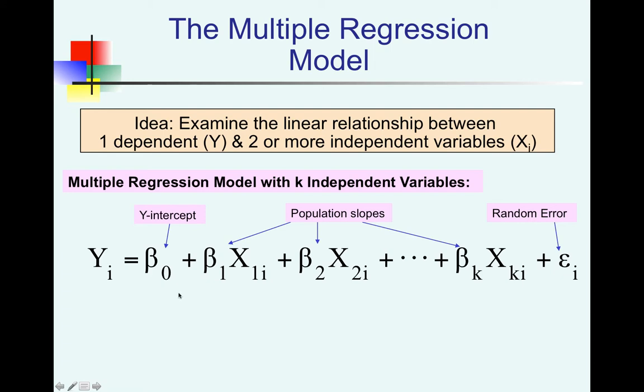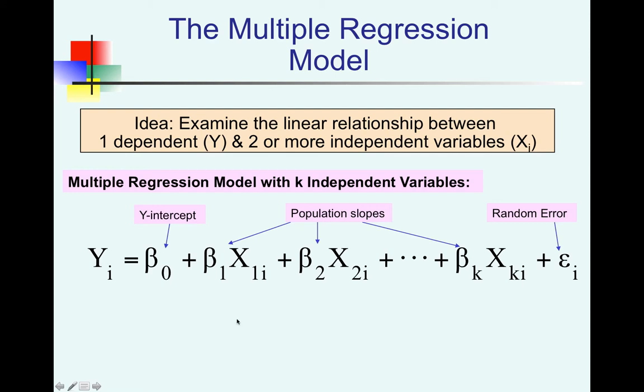So let's imagine the first part right here. The first part here is just the simple linear regression model that we've been talking about, the equation of a simple line, where we have y equals an intercept plus a slope times an independent variable.